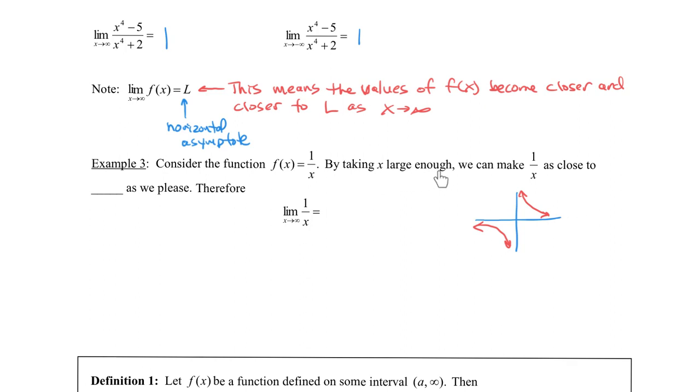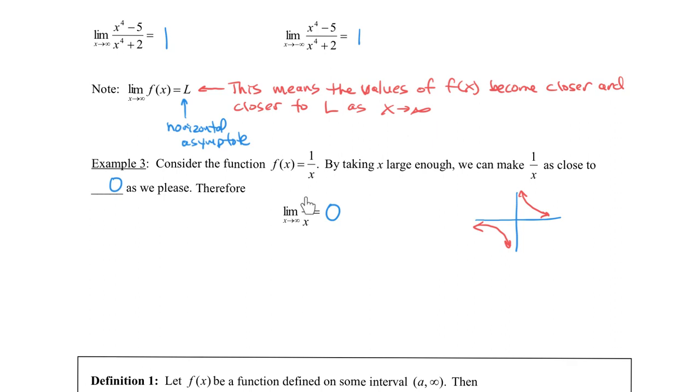So by taking x large enough, we can make 1 over x as close to 0 as we please. Therefore, the limit as x approaches infinity of 1 over x equals 0. And intuitively, you can see it. If I'm taking the limit of this expression and I just make x be bigger and bigger and bigger, just think like 1 divided by 1 billion is really tiny. 1 divided by 1 trillion, even more tiny.